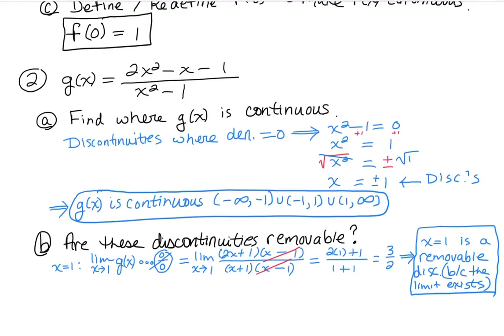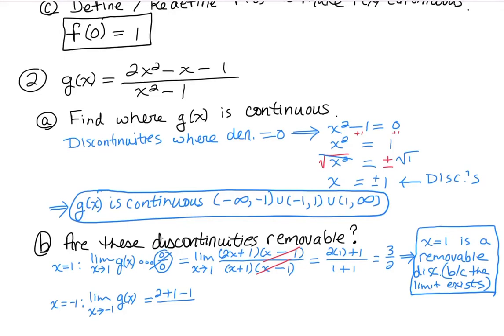All right, so let's take a look at then x equals negative 1. And so if we were to investigate again the limit as x approaches negative 1 of g of x up above. Okay, this one though is a little different, because when I sub in negative 1, I would have 2 times negative 1 squared would be 2 times 1, so that would be 2, minus the negative 1 is plus 1, and then minus 1.